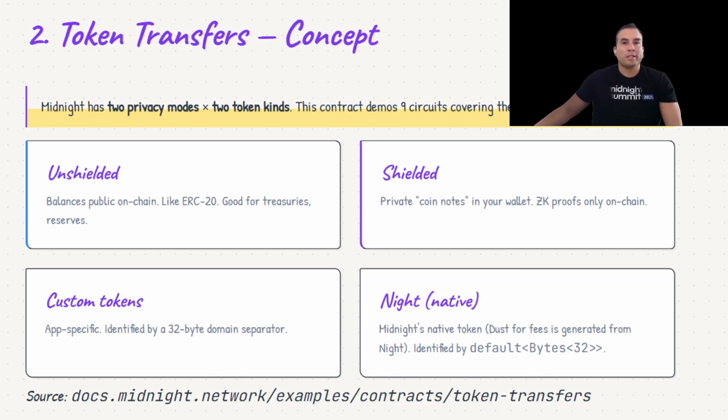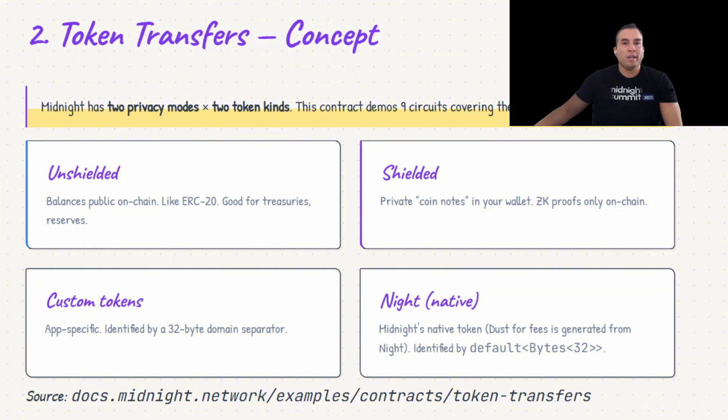The second axis is the token kind. Your contract can mint custom tokens, like a company creating its own loyalty points. Or it can work with Night, which is Midnight's built-in native token. Quick note on Night. It's also what the network uses to generate dust, the token you actually pay transaction fees in.